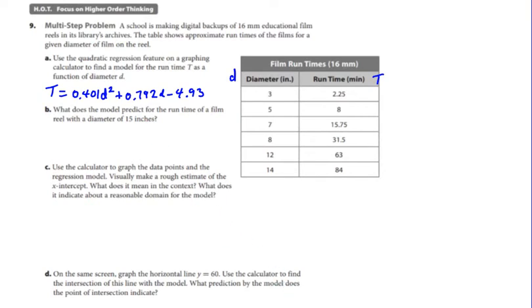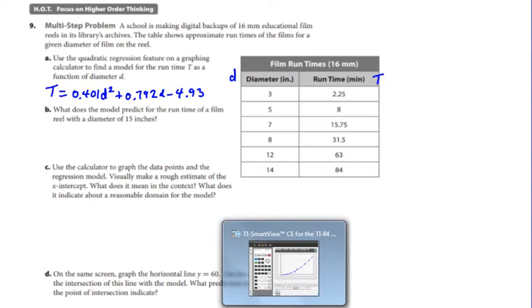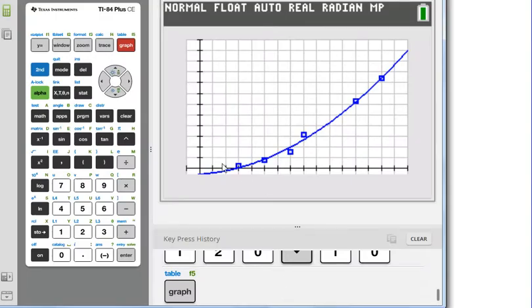A good way is we can just look at the graph. We can count to 15: 1, 2, 3, 4, 5, 6, 7, 8, 9, 10, 11, 12, 13, 14, 15. These are by 10s up to 120, so it looks like we're about to 95.